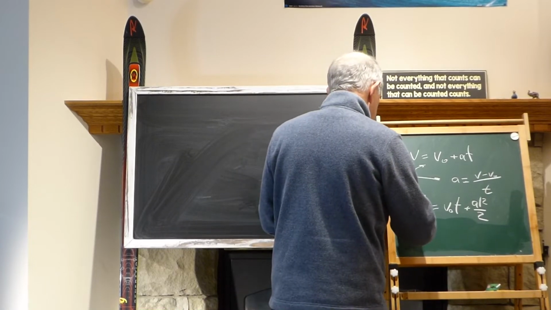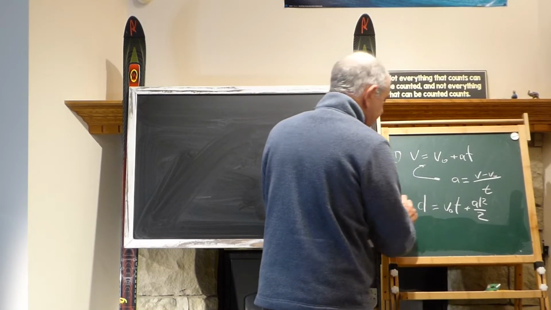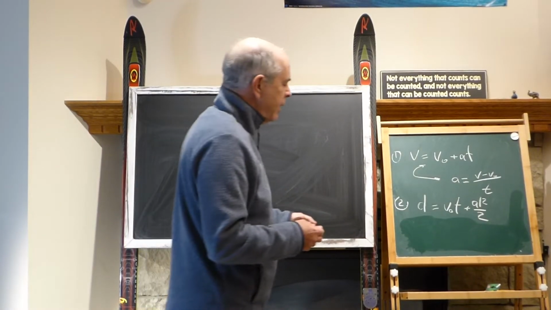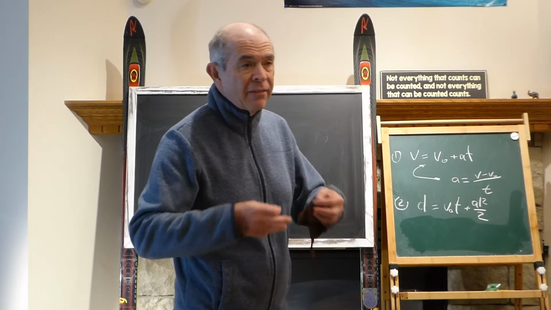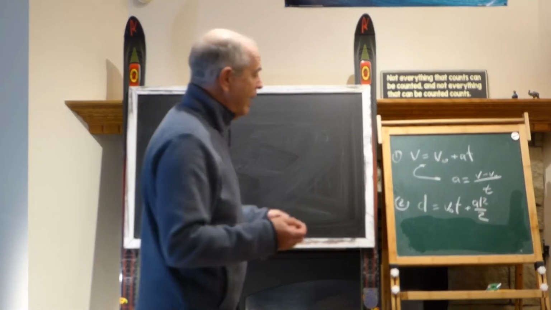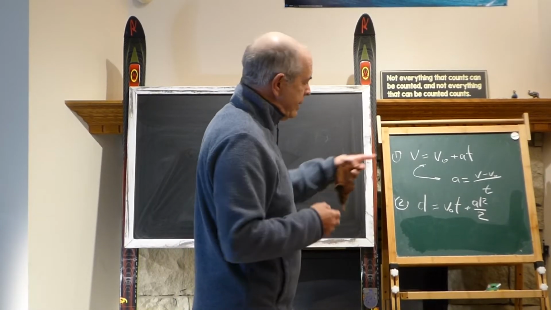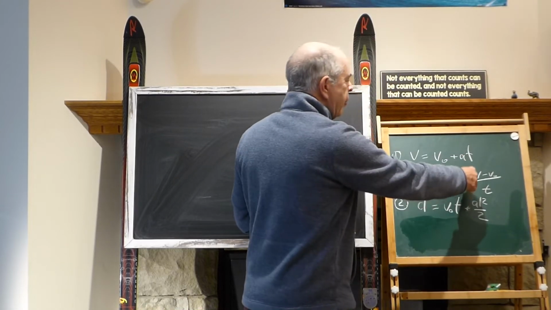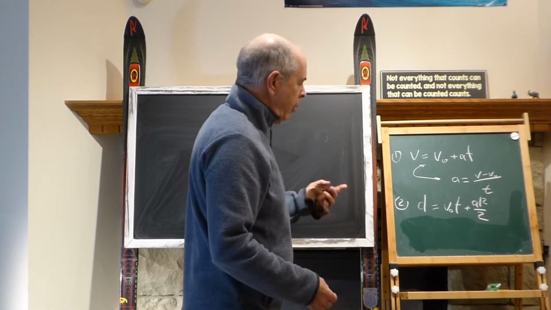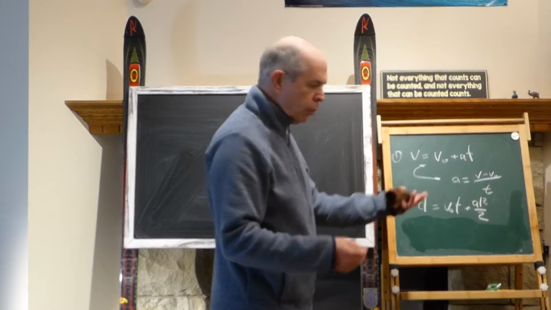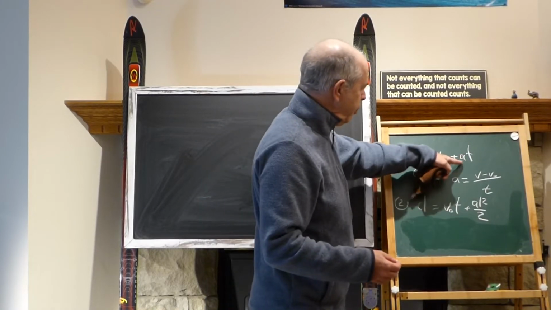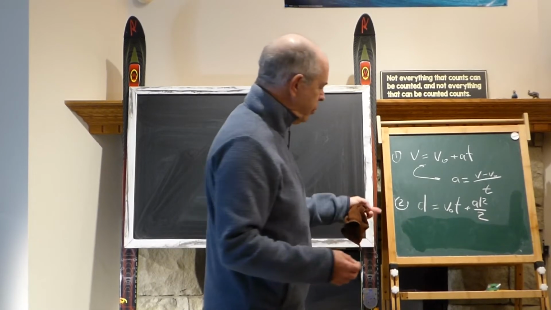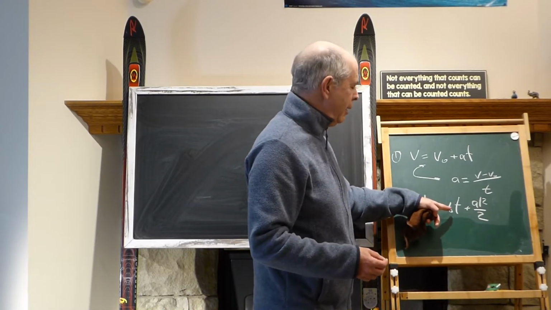And from these formulas, so far, that's all we did, and we were able to solve all these problems. But there is also another formula, and actually we have derived this formula again and again. Look, there are two equations, and if we get rid of t, take t from here, plug it here, we will receive a formula for d that will not contain t.